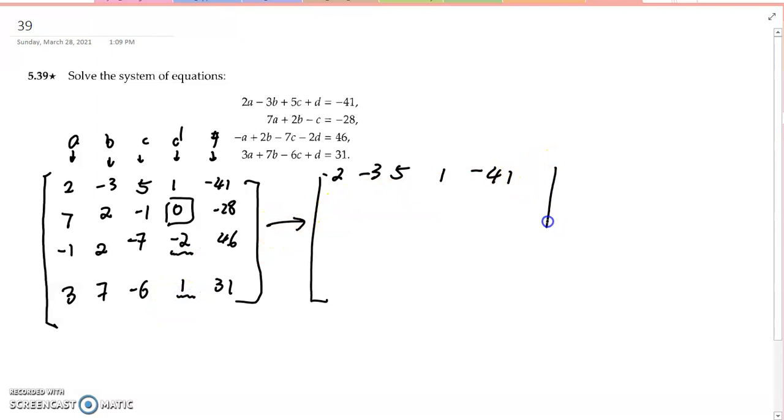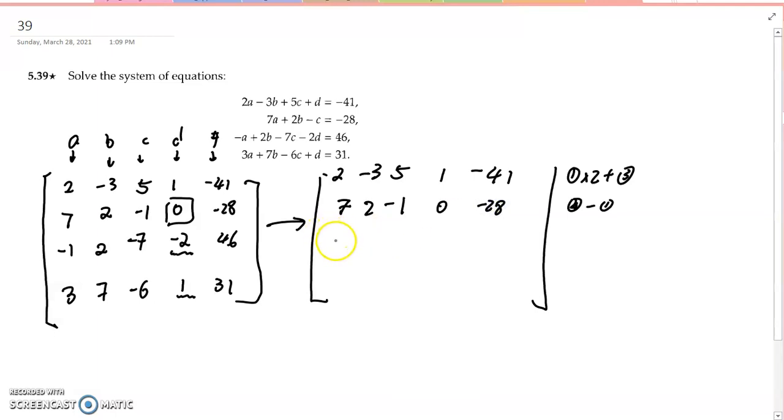So we can do the first row times 2 plus the third row, and for the fourth row, we can use the fourth row minus the first row. So let's copy the second one, 7 and 2 and -1 and 0 and -28.